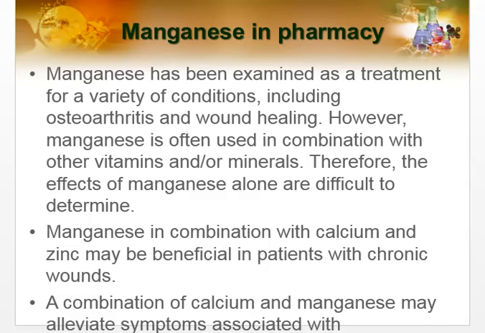However, manganese is often used in combination with other vitamins and or minerals. Therefore, the effects of manganese alone are difficult to determine. Manganese in combination with calcium and zinc may be beneficial in patients with chronic wounds. A combination of calcium and manganese may alleviate symptoms associated.